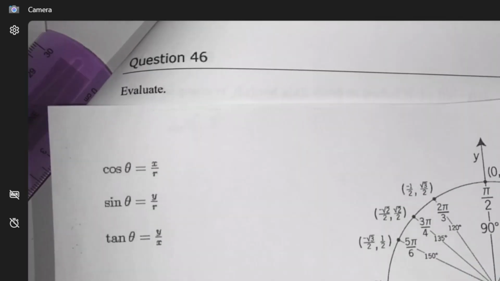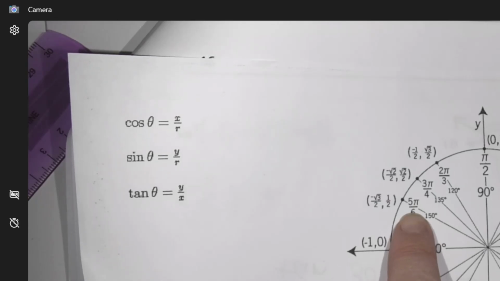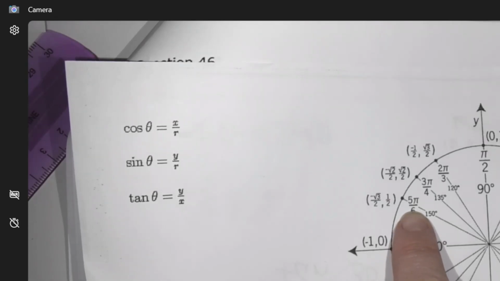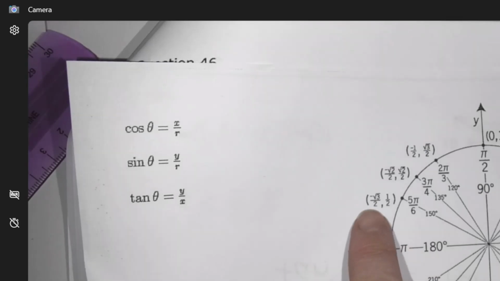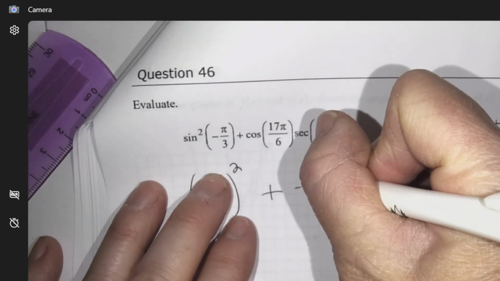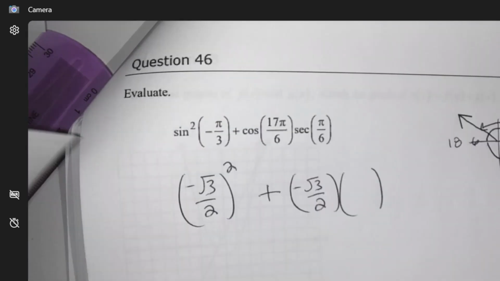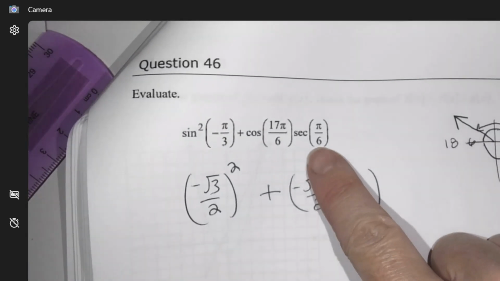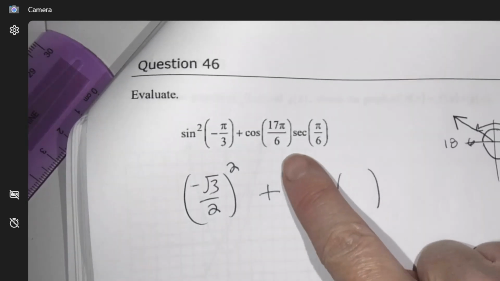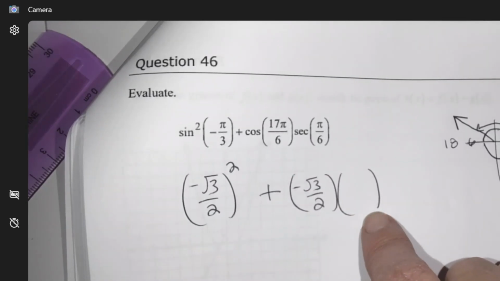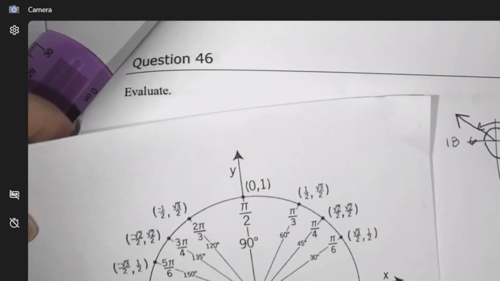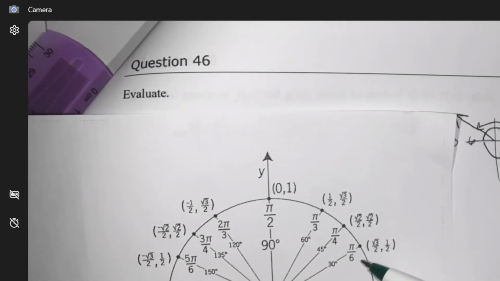So I'm looking at this spot, and it asked me for the cos value. So what do you grab when you want the cos? You grab the x. Okay, and then times the secant. So pi over 6, I go there.